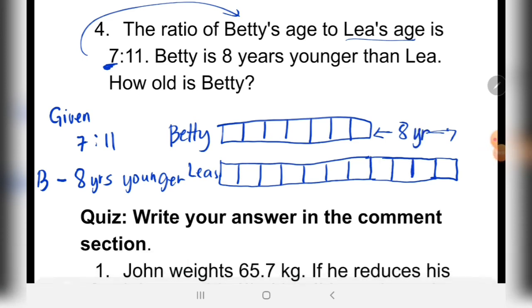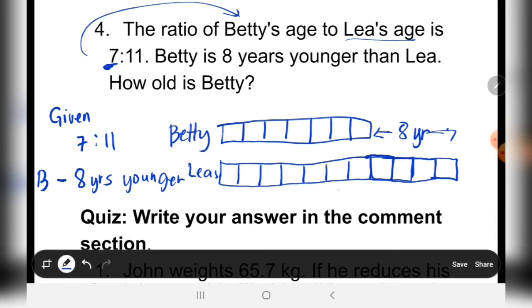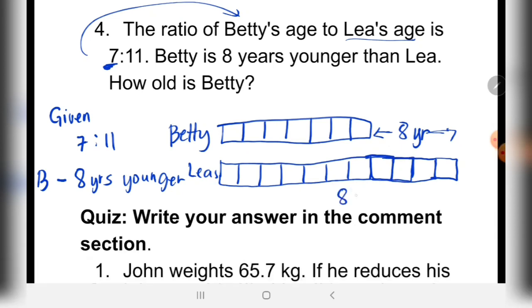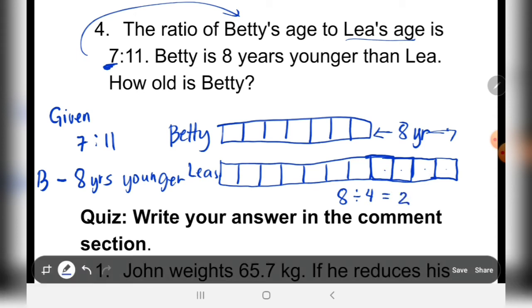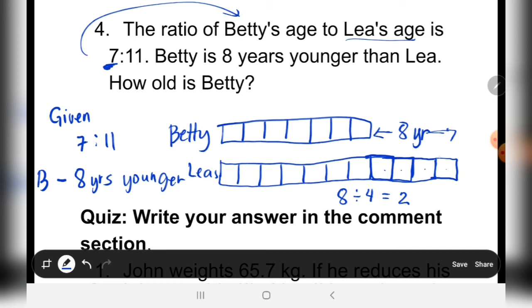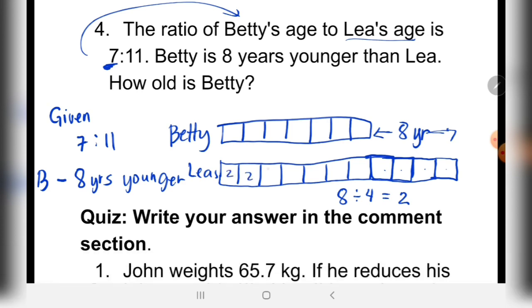We can find out the number per unit by dividing 8 by the 4 units, and that is 2. That means that in every unit there are 2 years.